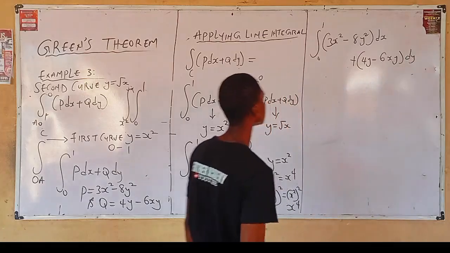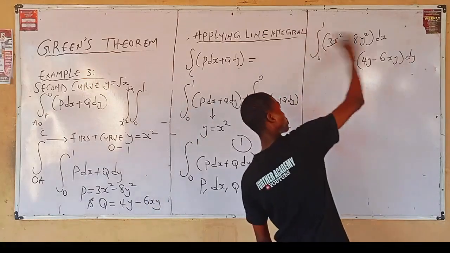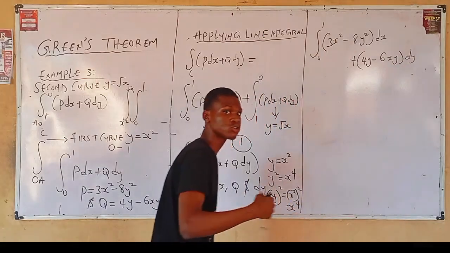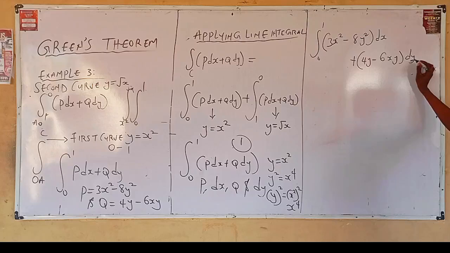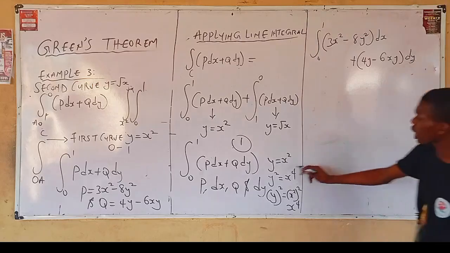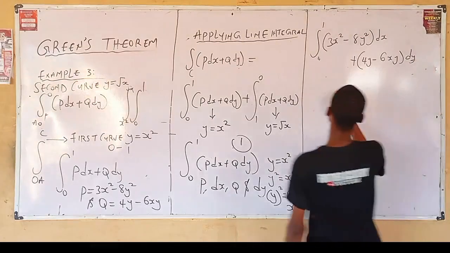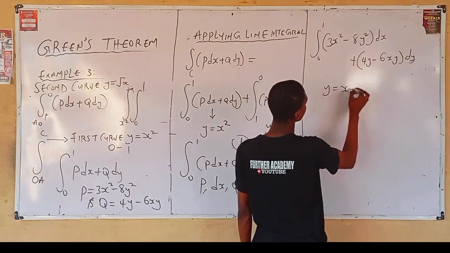But since I'm expressing all functions in terms of x, I'm differentiating with respect to x, so this dy has to be written in terms of dx. We are already given that y is equal to x squared.